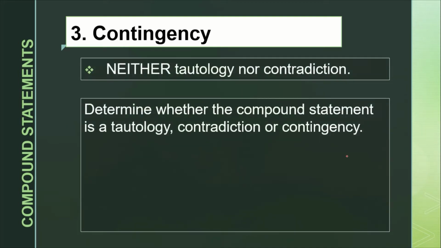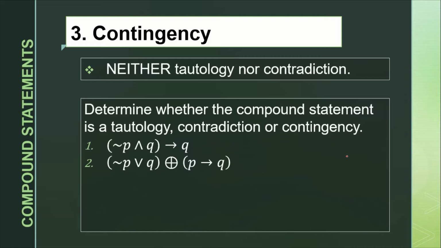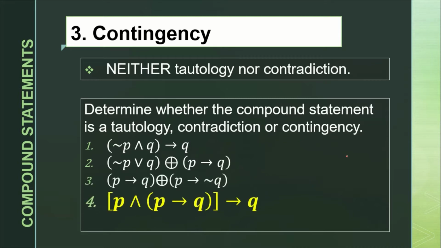Now let's have this example. Determine whether the compound statement is tautology, contradiction, or contingency. What will we do so that we can determine this? For us to be able to answer this one, we will have to create a truth table.